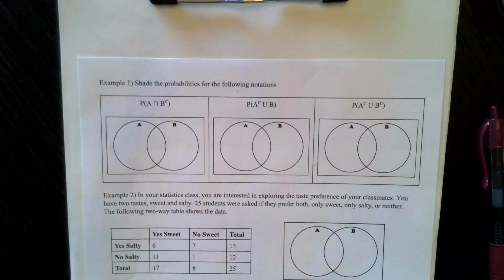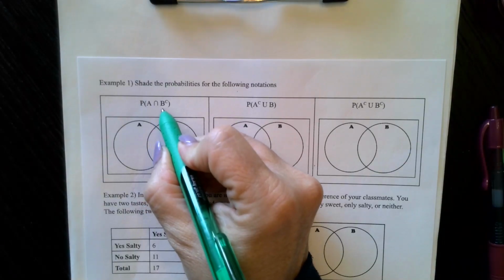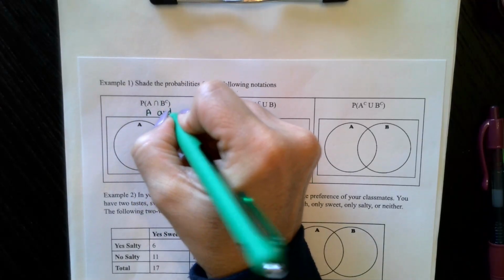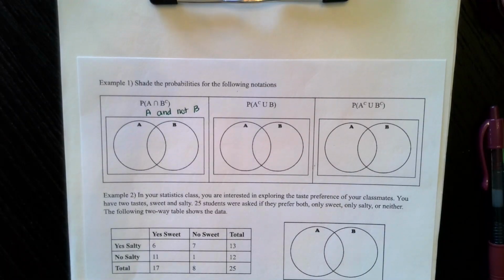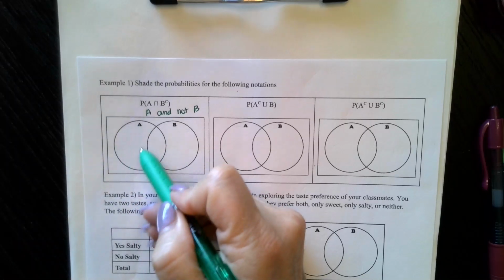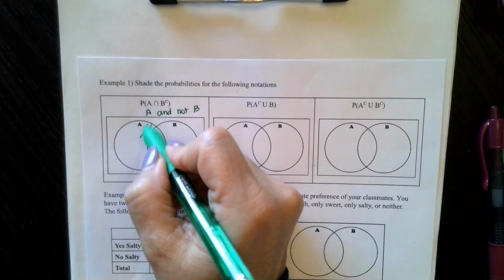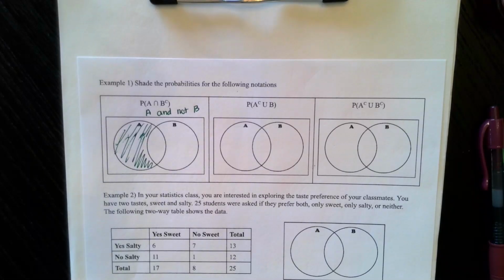So what this is saying is the probability of A and not B. So if I want the probability of A, that would be this side, right? But not B, so I can't have this overlap region. So probability of A and not B would be just this guy.